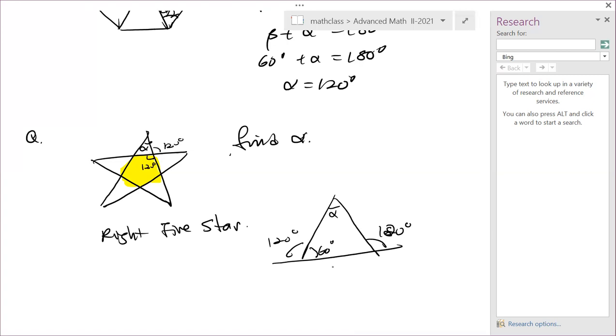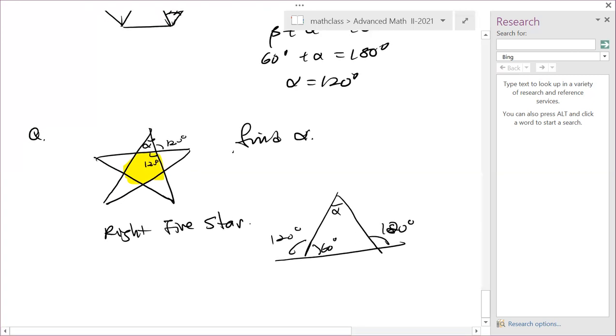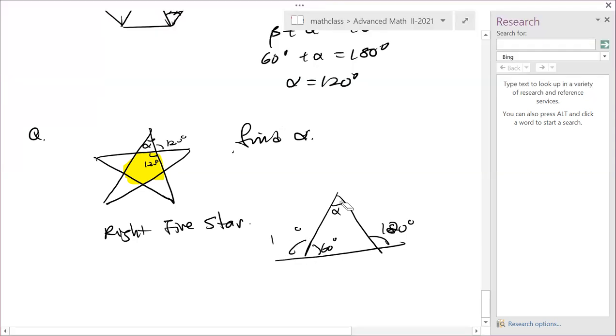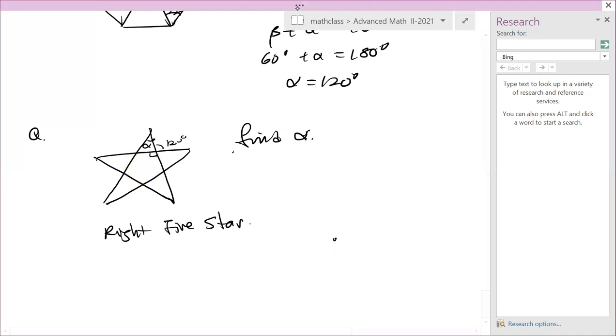Okay, but that's not 120 degrees. This is a pentagon, not a hexagon. Yeah, it looks like a hexagon, but to make sure, it has 5 sides, so if it's a pentagon, let's figure out the angle, okay? I'm going to call it beta.